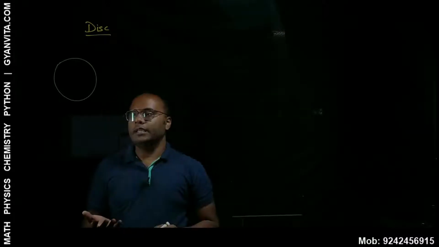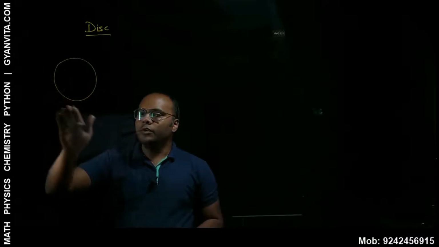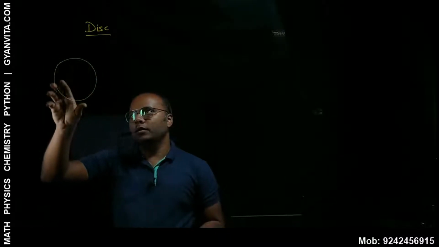That was the ring. Now the disk is actually like a plate, a circular plate, something which has an area. Again, it's not like it will have only area. It will have area as well as height, that is depth.